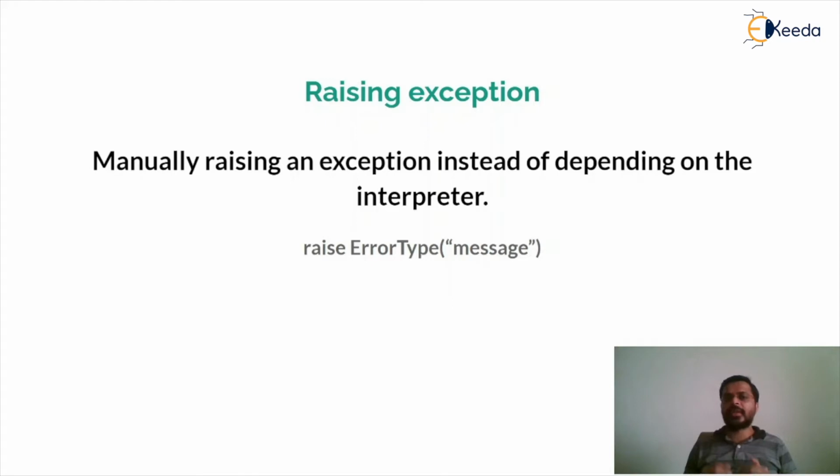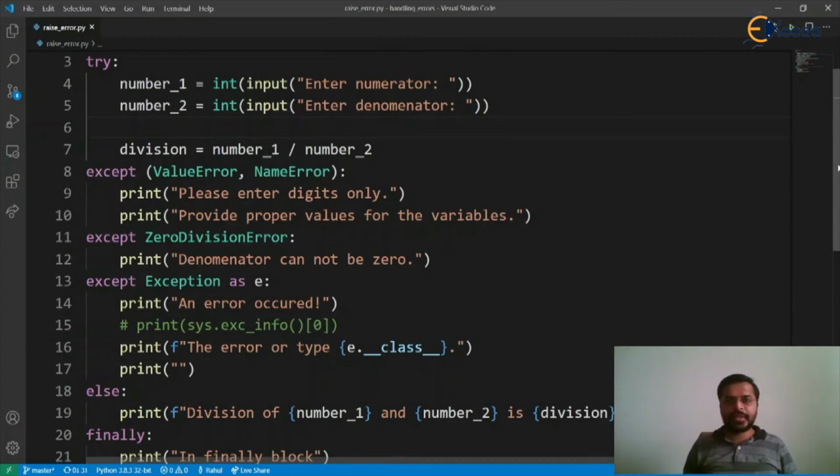So let's see an example of this. Instead of depending on the interpreter to check whether the denominator value is 0 or not and then raise an exception, let's handle it ourselves.